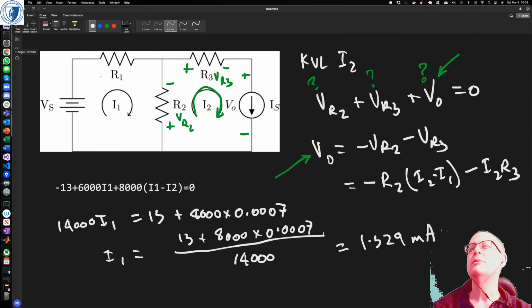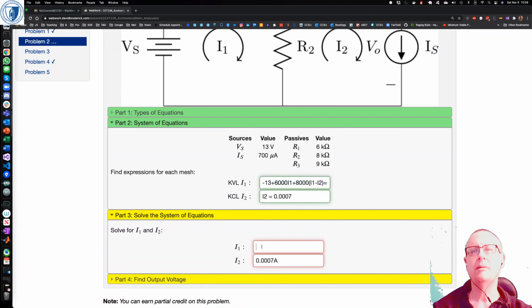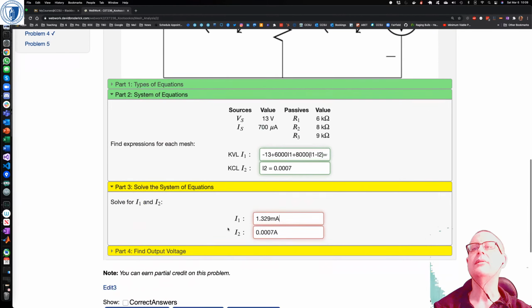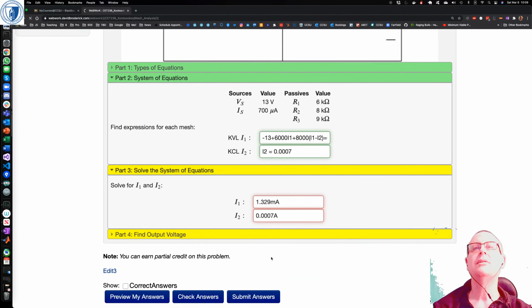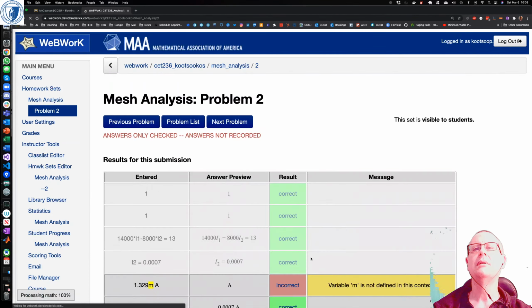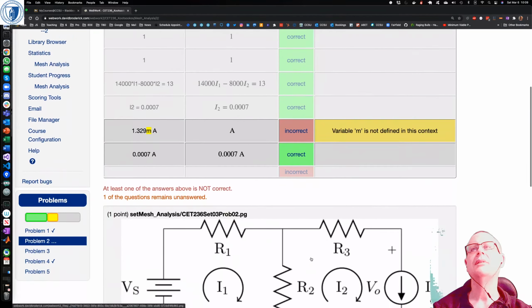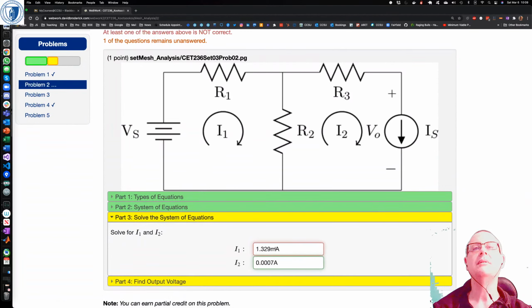So let's try 1.329. And I think it recognizes that. Let's just check my answers. No, it doesn't like milliamps for some reason. Don't you hate that?